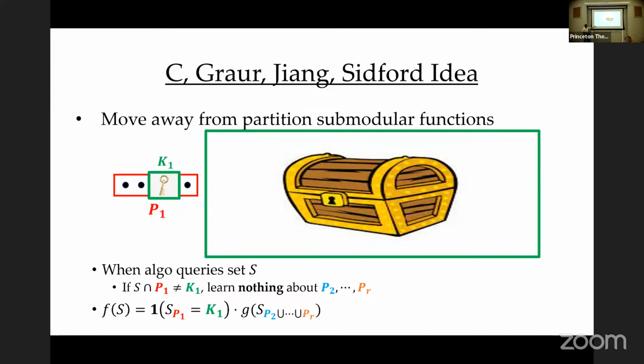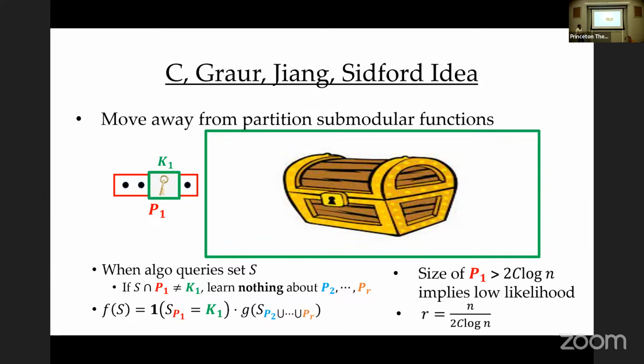So what's one way to do it? Let me just define f of S as the following. I look at S intersect P1. If it is K1, then I call G, a different function, on the set restricted to P2 to PR. And G is defined recursively. So if you don't query K1, you get 0. Otherwise, you get something.